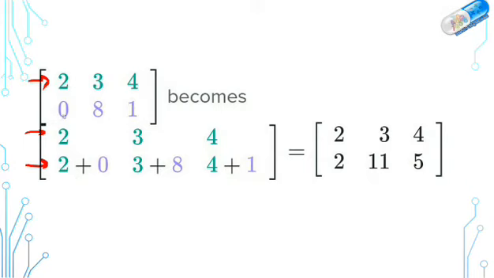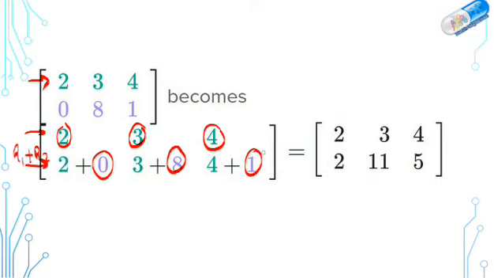The second row was 0, 8, and 1. Now it became 2 plus 0, 3 plus 8, and 4 plus 1. What happened here is that we added the first row, R1 plus R2. We add each one from the first row to the second row. So we add 2 plus 0 here, and we added 3 plus 8, and we added 4 plus 1.